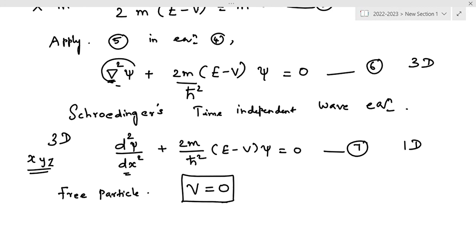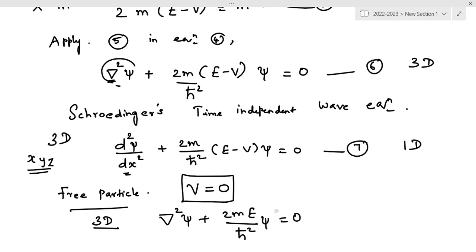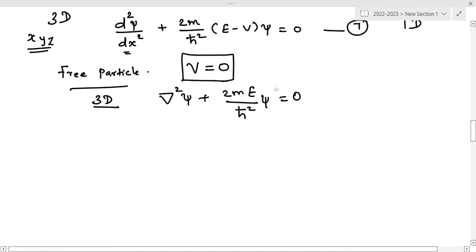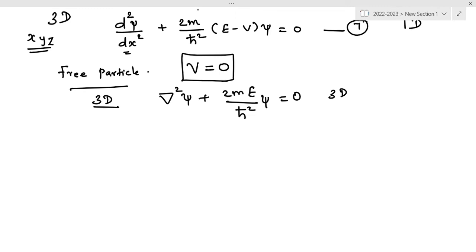So we get for 3 dimension for a freely moving particle, Schrodinger's time independent wave equation is del square psi plus 2mE by h cross square psi is equal to 0 because V potential energy is taken as 0. It is three-dimensional form of Schrodinger's time independent wave equation.